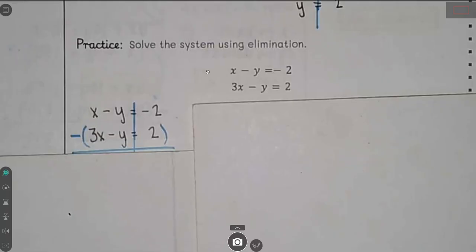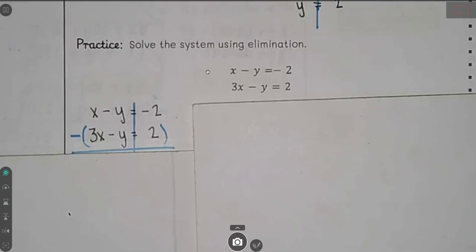Anytime you have minus negative, it becomes positive. 1 plus 1 is 2. Yes, good job. Negative 1 minus 1 is negative 2, but negative 1 minus negative 1 is 0. Similarly, negative y minus negative y equals 0.